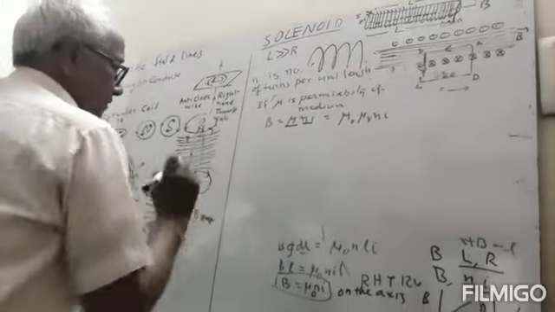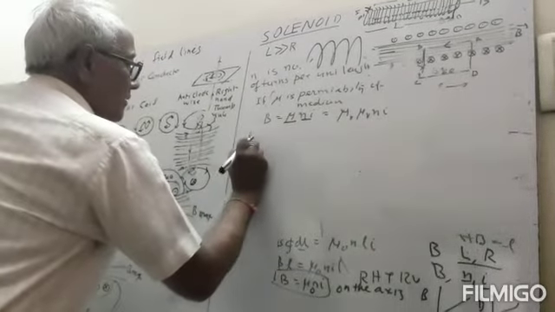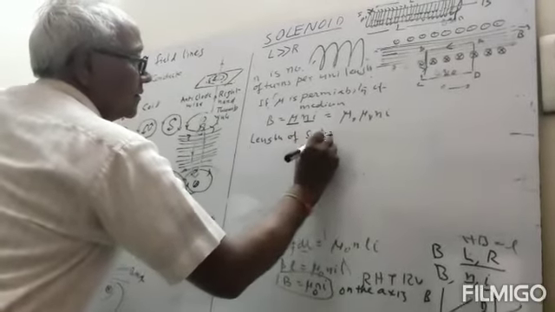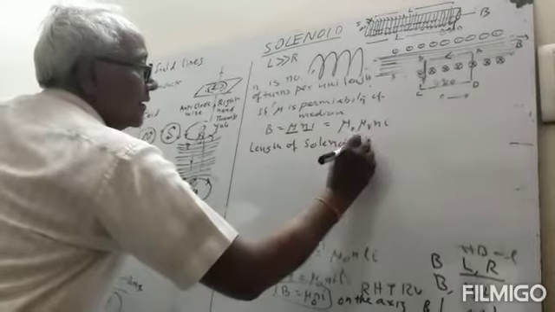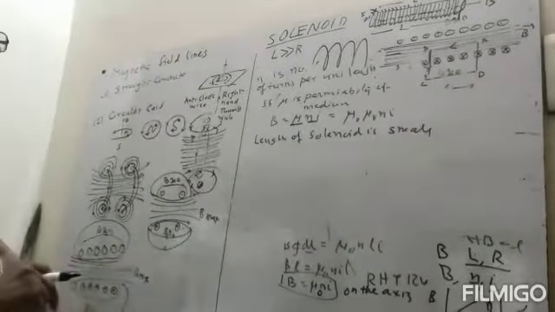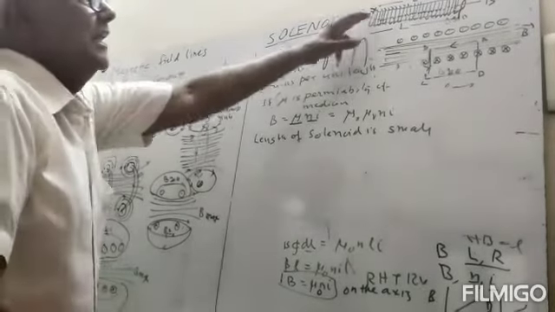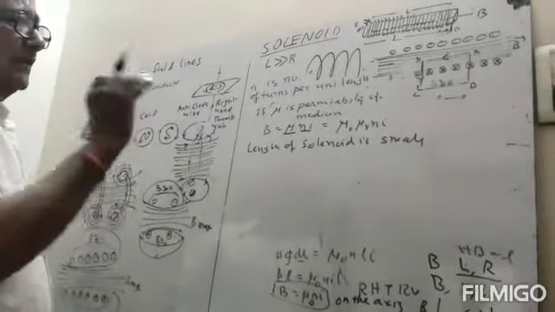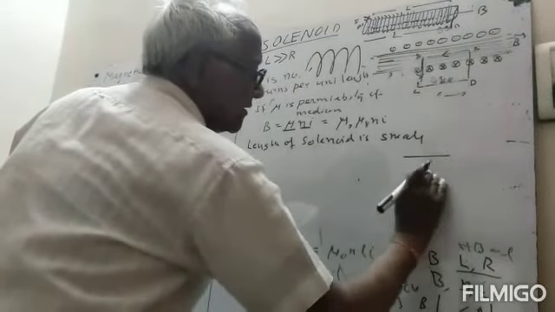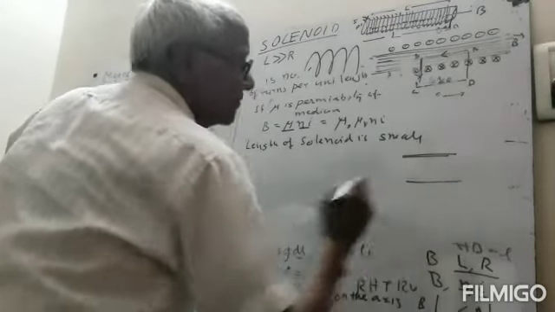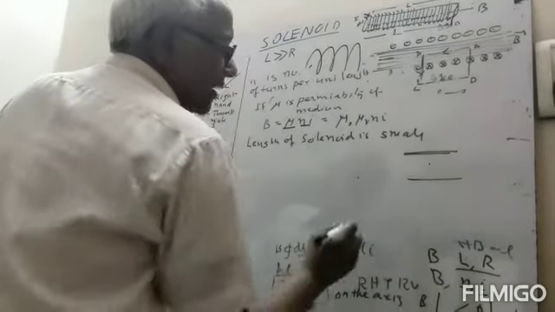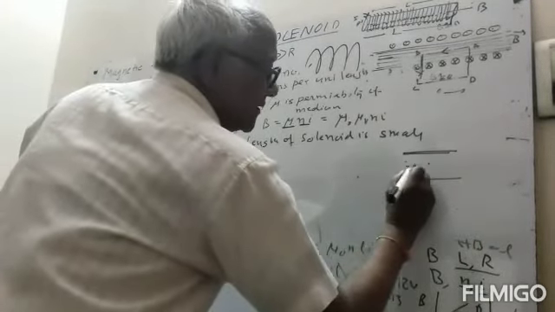Now if the length of the solenoid is small, unlike this case where the length of the solenoid is very large, suppose this solenoid is of this length only. Then this is the center of the solenoid, and this is the axis.